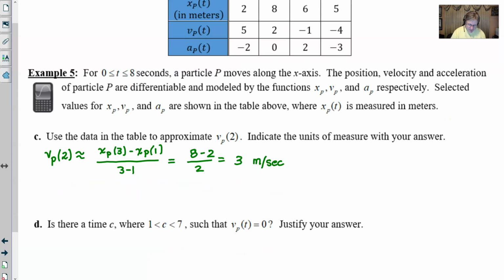Moving along to part D. Is there a time c, where c is lying between 1 and 7 exclusively, meaning we don't include the endpoints, such that V sub P at time c is equal to 0? Justify your answer.